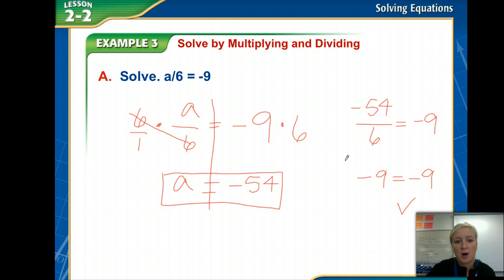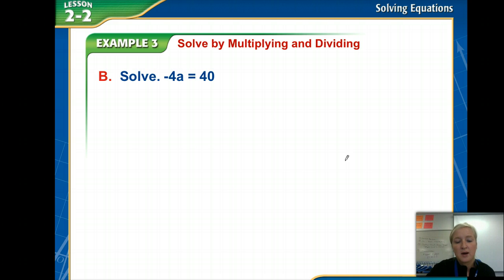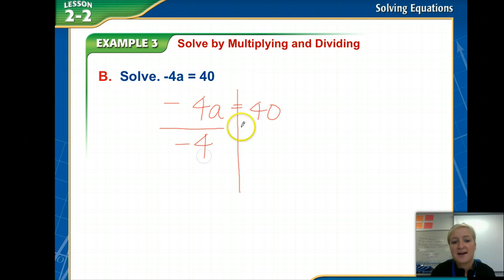I'm going to go through one more with you with multiplication. So if I have a negative 4a, also known as negative 4 times a, equals 40. In order to undo multiplication, we're going to do that by division. So I'm going to divide both sides by not just 4, but a negative 4.